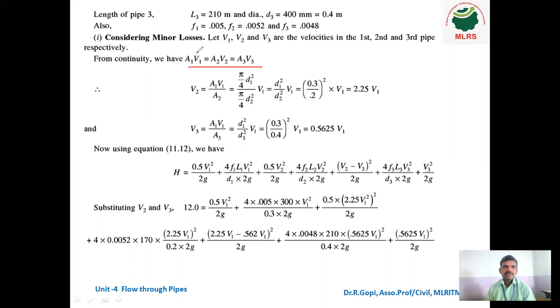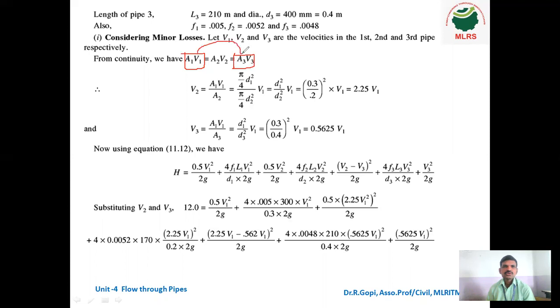Here you can see first I am considering these two equations. I need only V2, which means A1 V1 divided by A2. Substitute all the values. Finally, V2 we got as 2.25 times V1. Next, again I am considering A1 V1 and A3 V3.